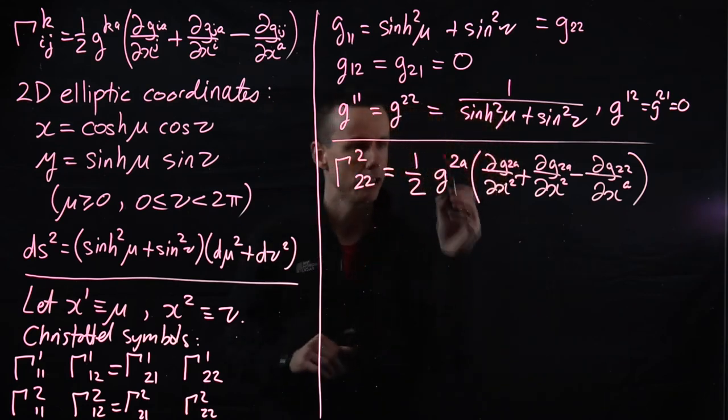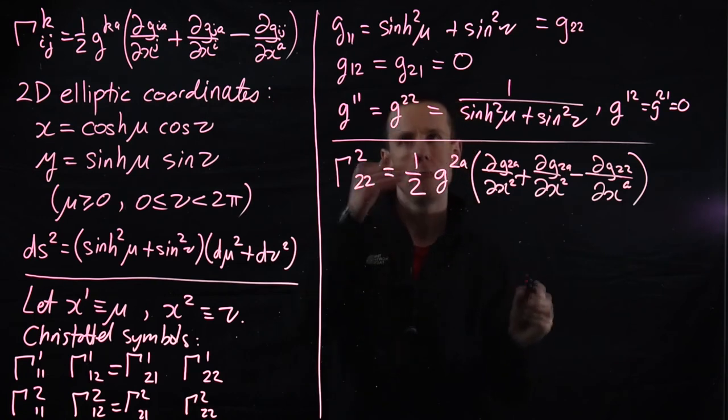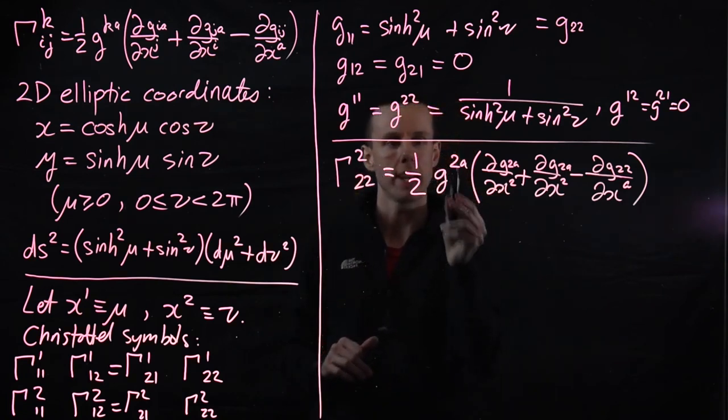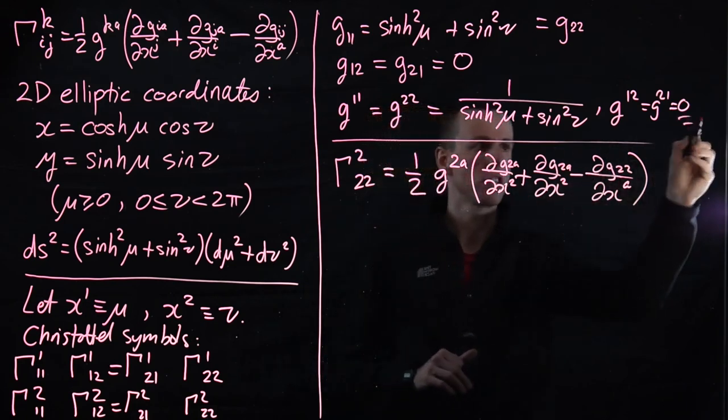Okay, and again there's a sum over a here because a is a dummy index, but the metric's diagonal, so you only get a non-zero contribution when a equals 2. Okay, because for a equals 1, we just have g21 equals 0.